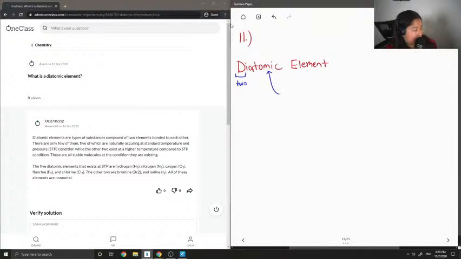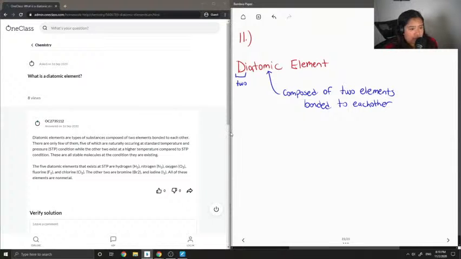So a diatomic element, as you can guess, is composed of two atoms bonded to each other.